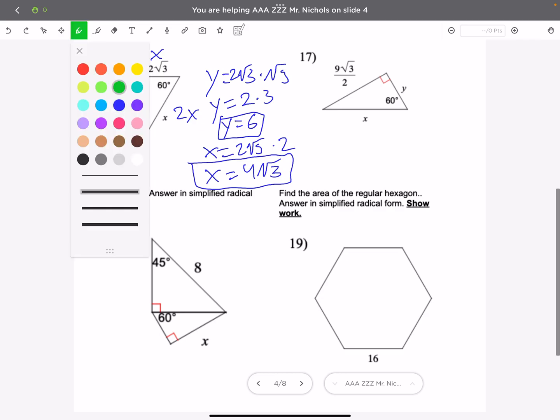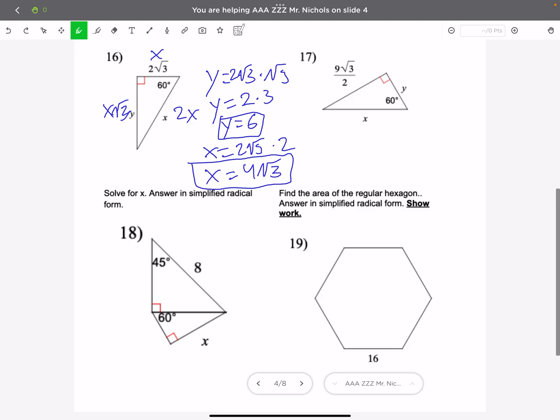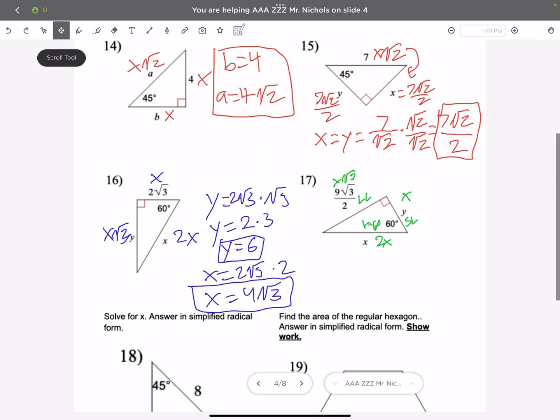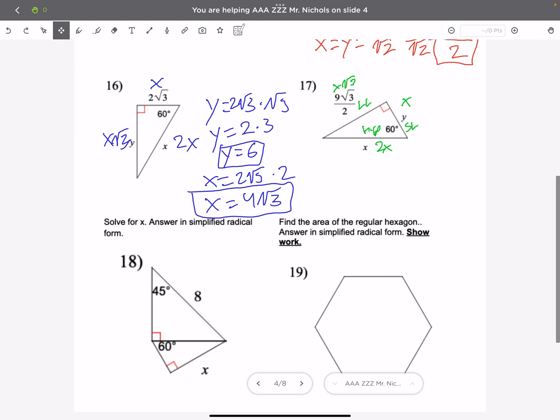All right. Now for 17, same thing. This is my long leg, short leg, and hypotenuse. Let me abbreviate hypotenuse better. All right, so once again, this is x root 3, and 2x. So if I'm going from long leg to short leg, just like up above in problem 15, I'm dividing by root 3.